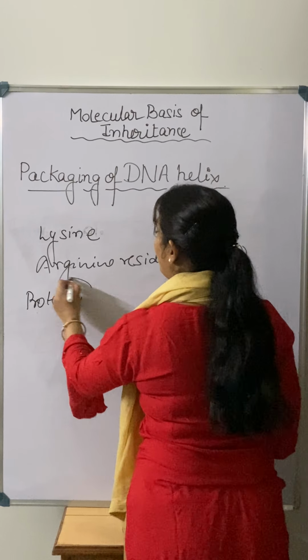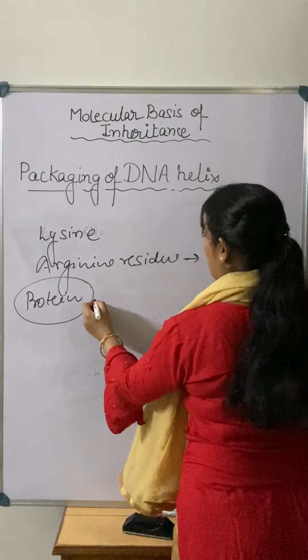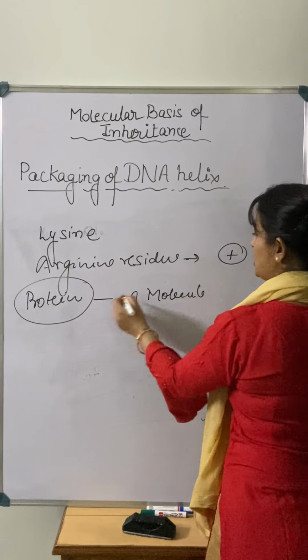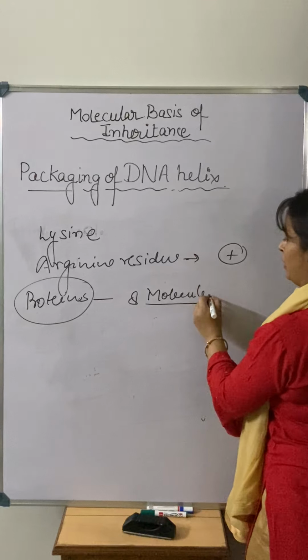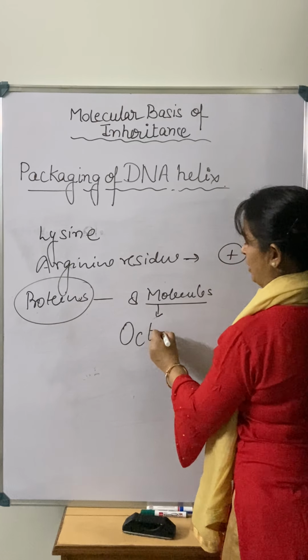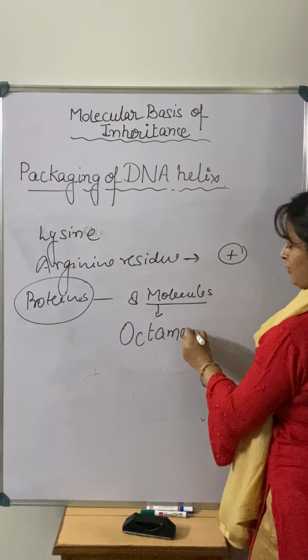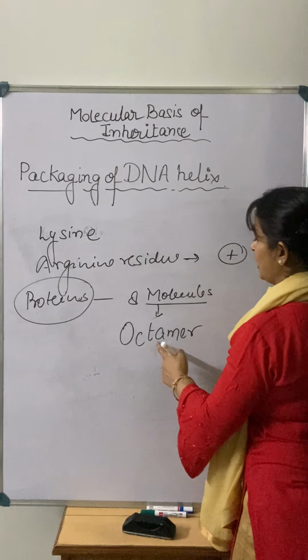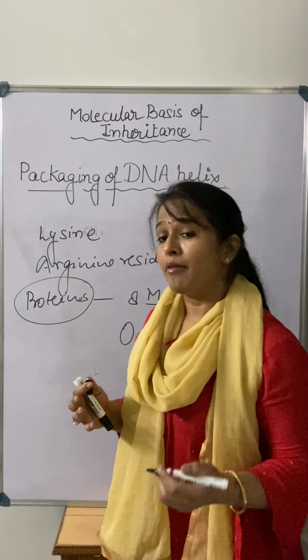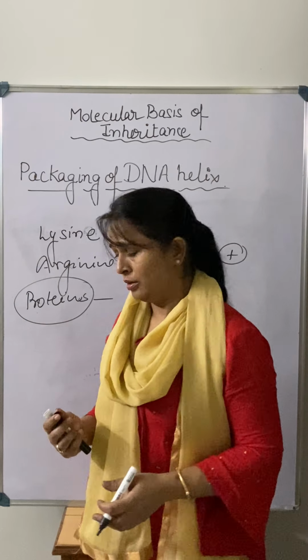So proteins make an 8-molecule structure. That structure is known as an octamer, right? And this octamer is for the wrapping of DNA, right?